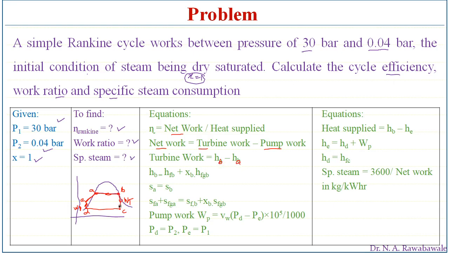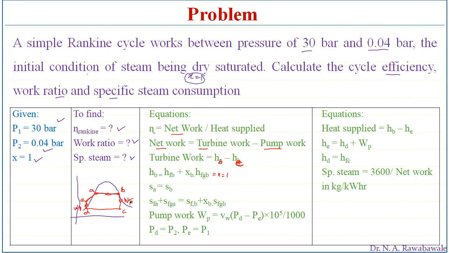Turbine work is HB minus HC, the enthalpy at point B minus the enthalpy at point C. Enthalpy at point B can be obtained as HB equal to HFB plus XB HFGB, but at point B the dryness fraction X is equal to 1.